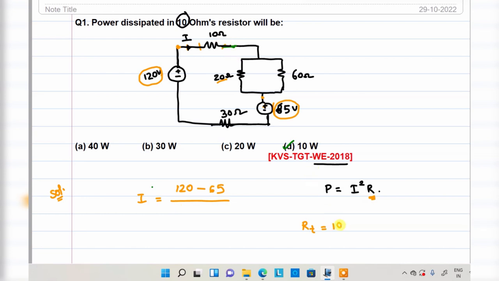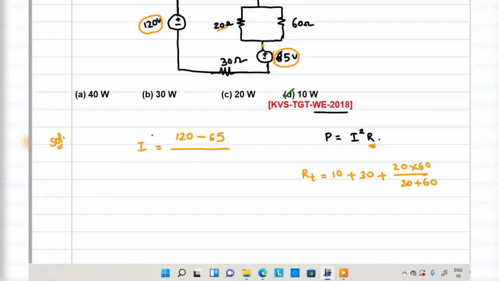This 10 ohm plus this 30 are in series. These two in combination are parallel: 20 into 60 by 20 plus 60. So that will be equivalent to 40 plus 15, that will be 55 ohms.